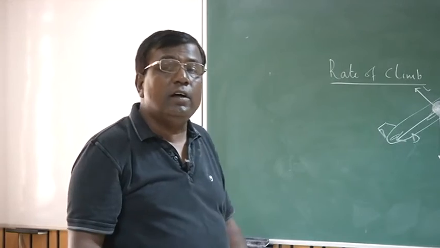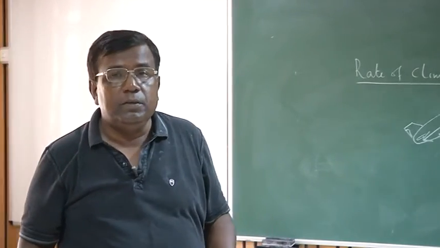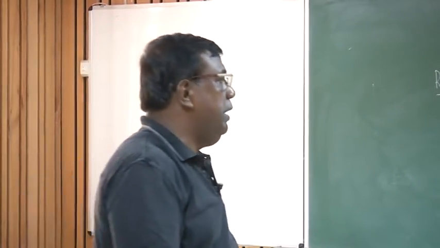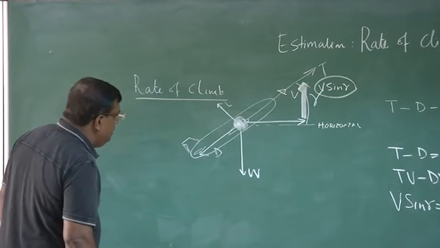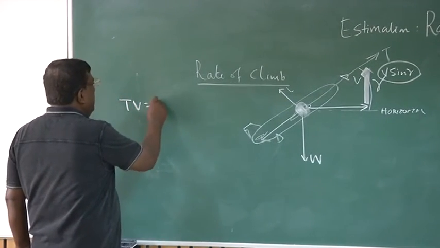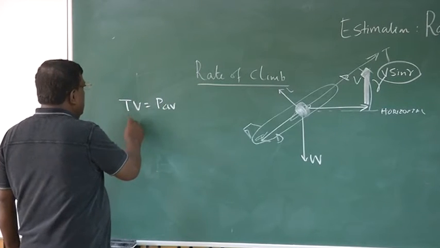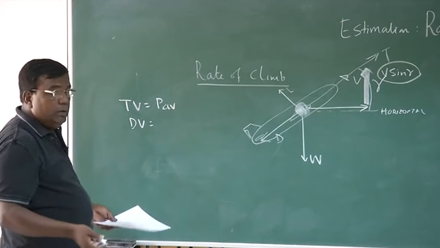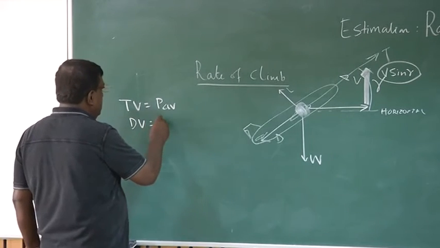Who measures the altitude? We measure the altitude through the altimeter, and the altimeter gives what? Pressure altitude. So that also we should keep in mind. Now from here we realize that TV is the power available, and DV is basically power consumed, power required.